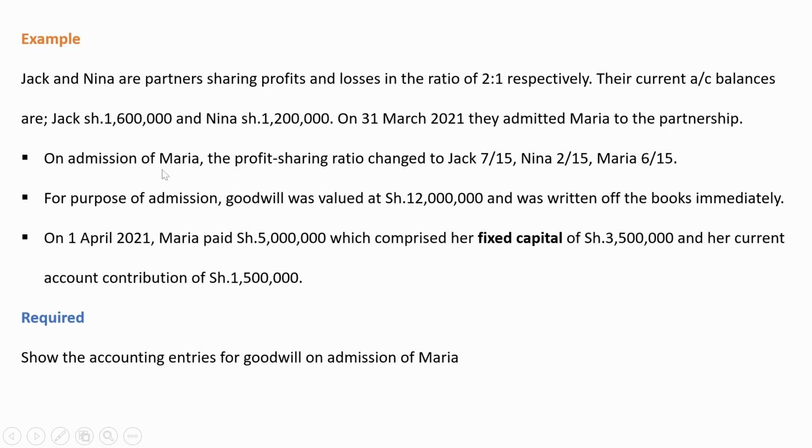On admission of Maria, the profit sharing ratio changed to Jack 7/15, Nina 2/15, Maria 6/15. For purposes of admission, goodwill was valued at 12 million and was written off the books immediately.